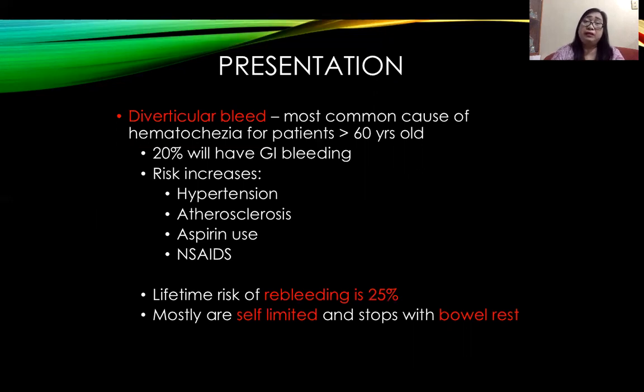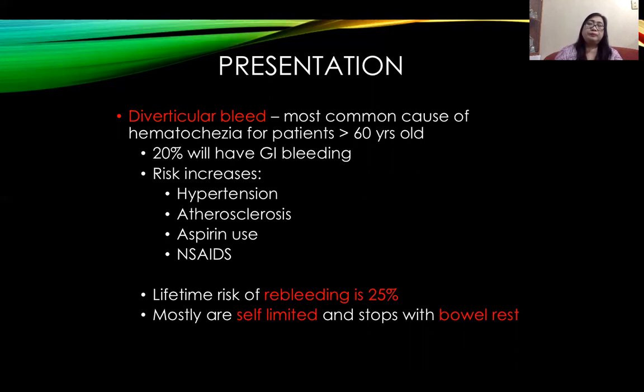Diverticular bleeding or hemorrhage is most commonly the cause of hematochezia among patients who are more than 60 years old. Twenty percent will have a GI bleeding. The risk increases among patients with hypertension, atherosclerosis, and those who use aspirin and NSAIDs. The lifetime risk of rebleeding is about 25%.